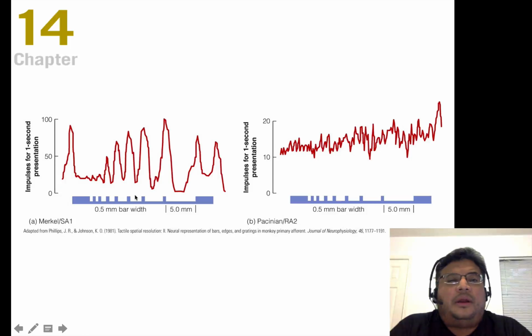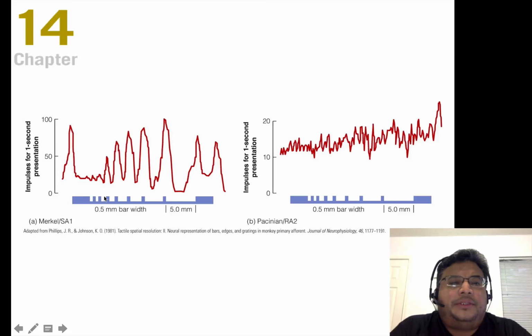The comparison here is that the Merkel cell, whose firing pattern is shown here on the left, has a very distinctive pattern of firing that corresponds to the width of the bar. The bars here, these little bars, are 0.5 millimeter.